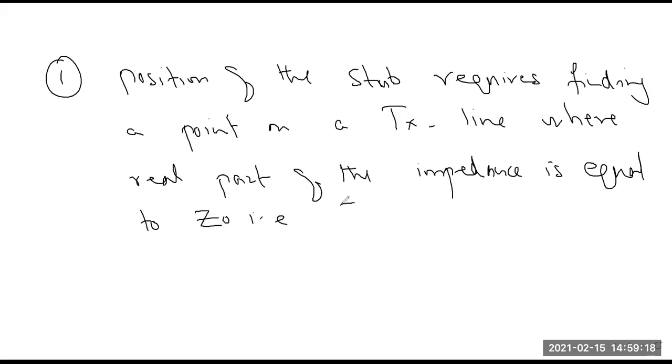That is, z should be equal to z0, and as before, we can have either plus jx or minus jx.